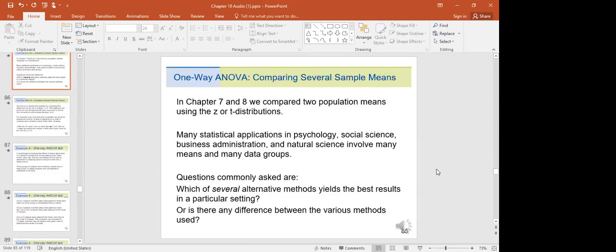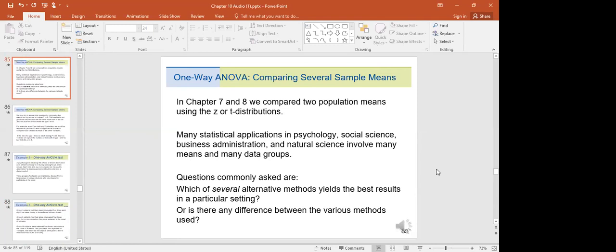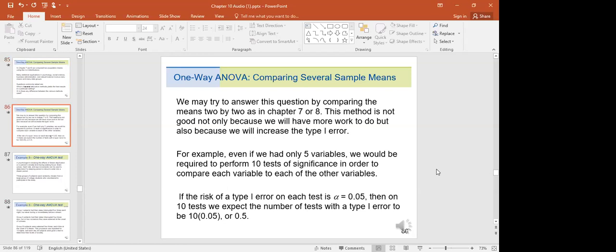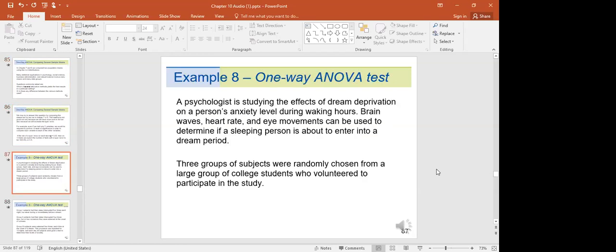So I will start with an example, as I have been doing, because it's much easier to do it with an example. A psychologist is studying the effect of dream deprivation on a person's anxiety level during waking hours. That is, you want to know, when you wake somebody, does that make that person more anxious the next day?